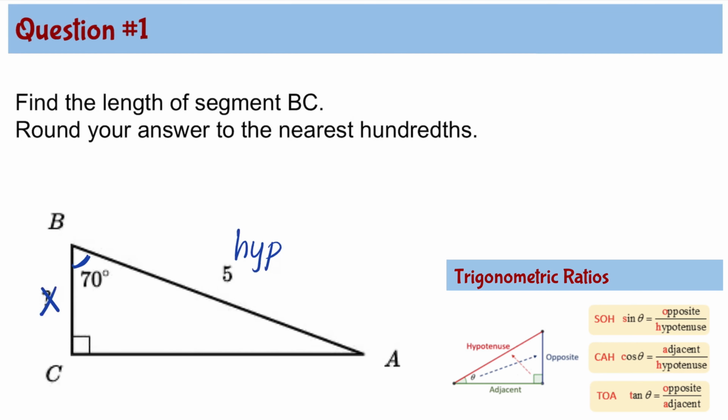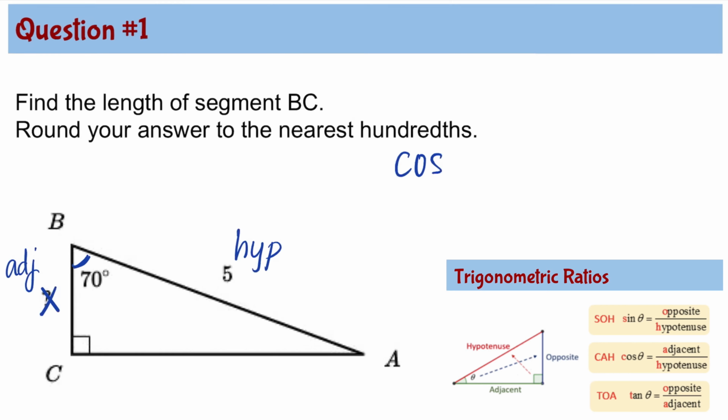And x is the adjacent, or next to the 70-degree angle. So now we have the sides adjacent and hypotenuse. Try to recall the trigonometric ratio. So using the mnemonic SOH CAH TOA, that means we're using the cosine function.